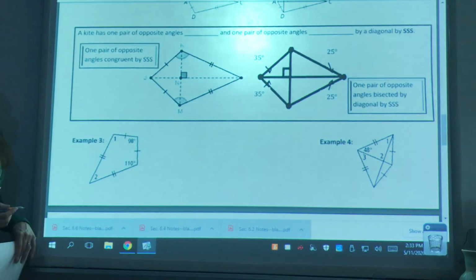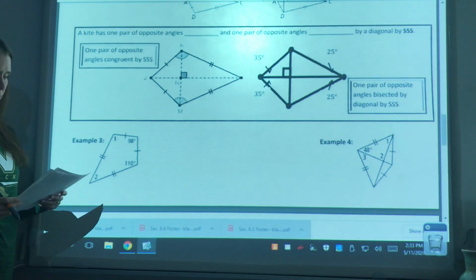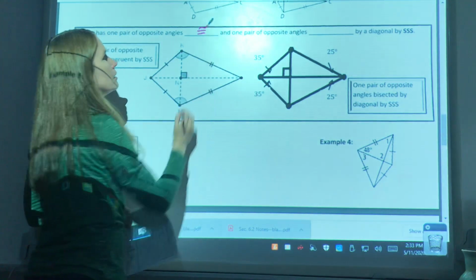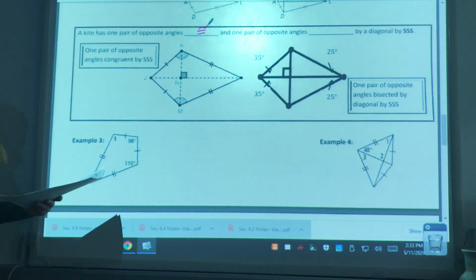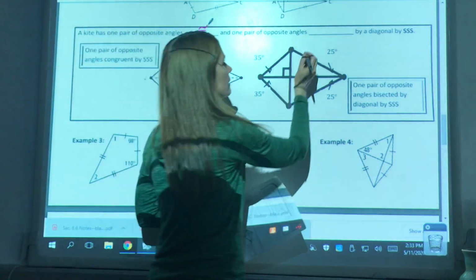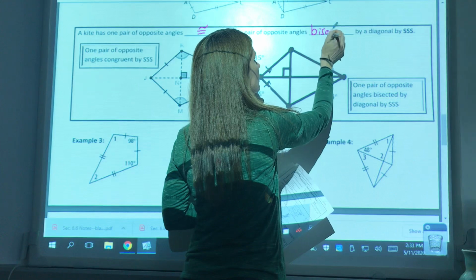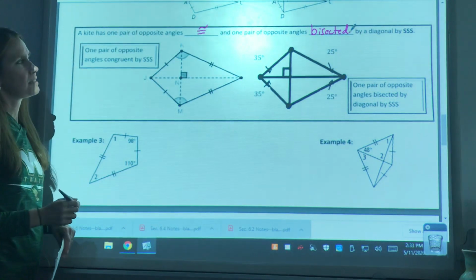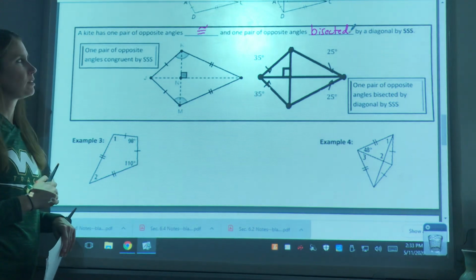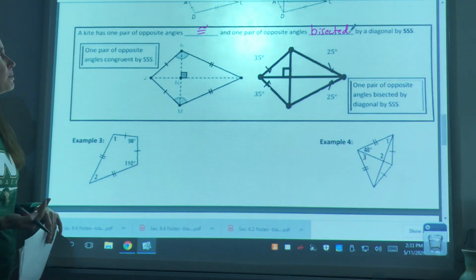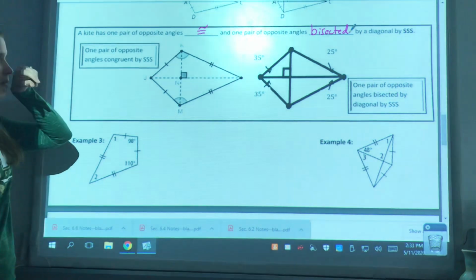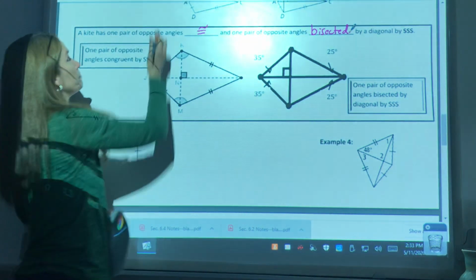Okay, so here it says a kite has 1 pair of opposite angles congruent and 1 pair of opposite angles bisected by a diagonal by side, side, side. So this gets into congruent triangles that helps make some of this true. So we see what's going on here. 1 pair of opposite angles is congruent by side, side, side.